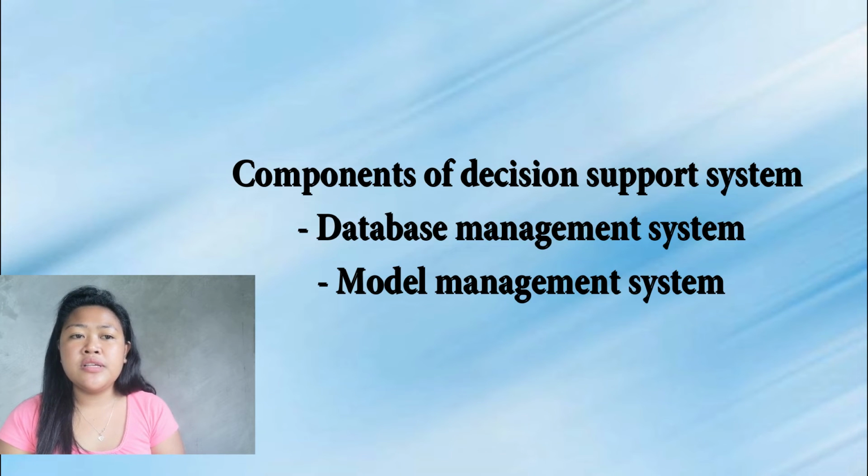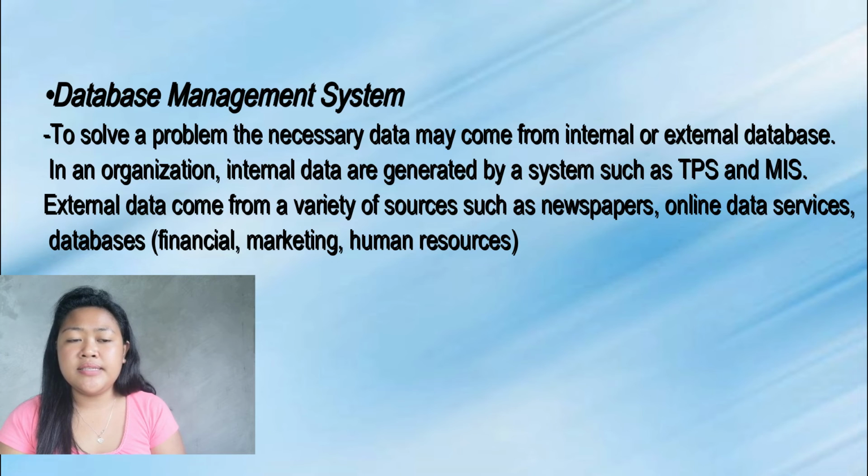There are two components of decision support system, the data management system and the model management system. The data management system is to solve a problem; the necessary data may come from internal or external databases. In an organization, internal data are generated by systems such as TPS and MIS.